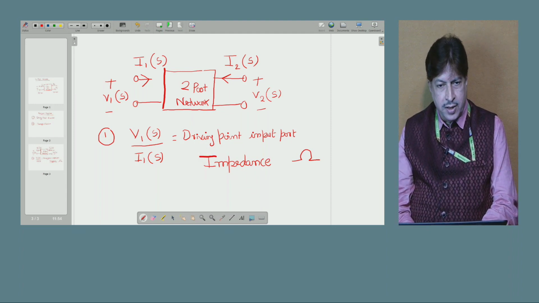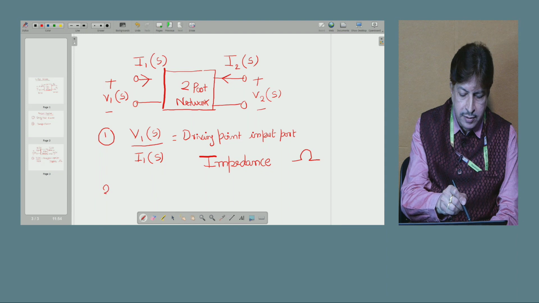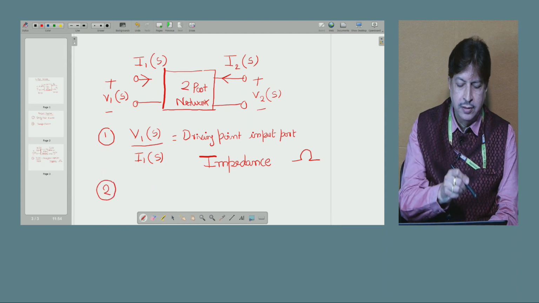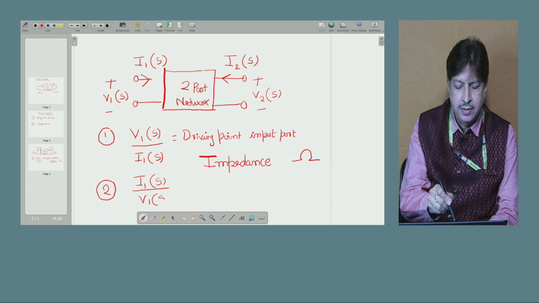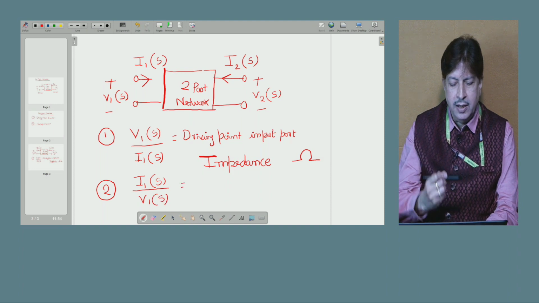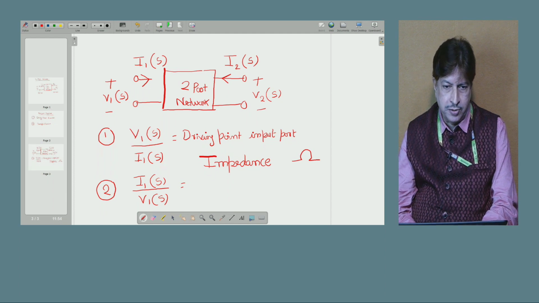Let us consider the second possible driving point network function on the input side. Suppose I consider I1(s) by V1(s). Immediately I can say this is one of the driving point functions.